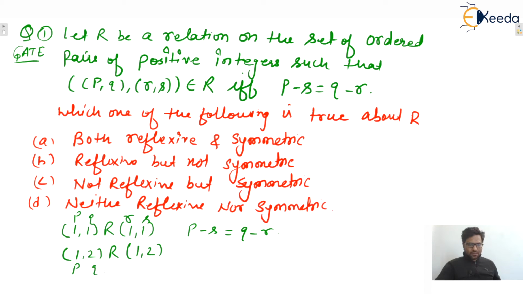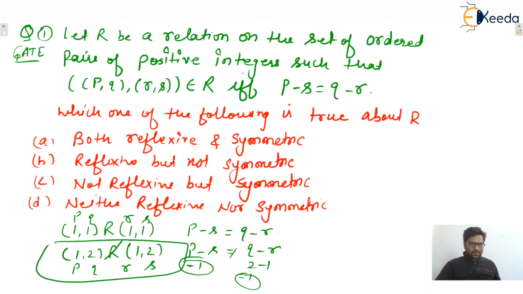Here this is P, this is Q, this is R, this is S. So P minus S equals Q minus R, that is 0 equals 0. But you only tell me whether (1,2) will be related with (1,2) or not. Here P minus S will be minus 1, and Q minus R will be 2 minus 1, that is 1. So minus 1 is not equal to 1, so that will not exist in the relation.